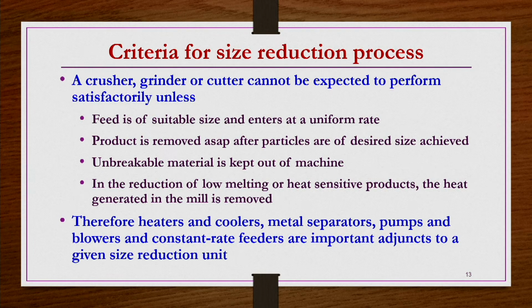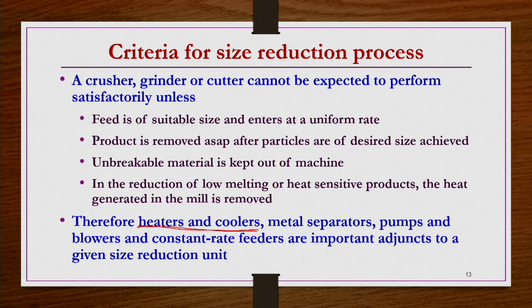Therefore, what we understand from these points is that heaters and coolers, metal separators, pumps and blowers and constant rate feeders are important adjuncts to a given size reduction unit. Wherever heat removal or heat addition is required, we may need heaters or coolers.